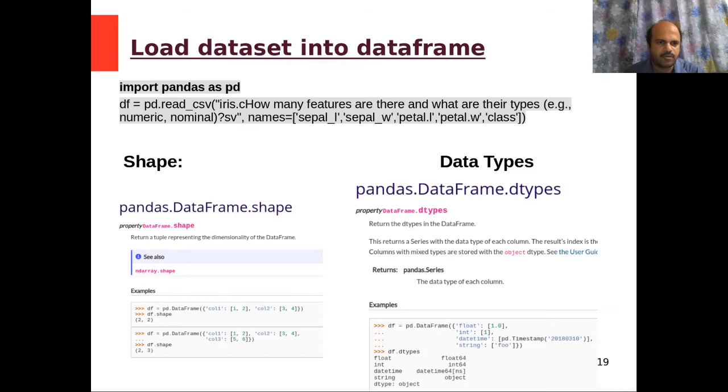You can have another kind of functions over there. Shape is one function which returns the number of rows and columns. You can also retrieve the rows and columns separately. Data type is another function for the data frame, that is dtypes. It returns the data type of each attribute.